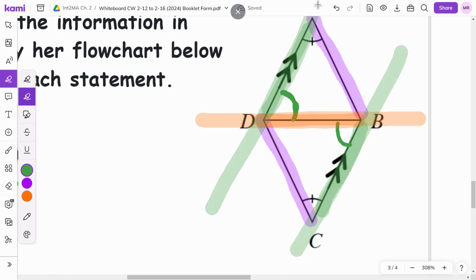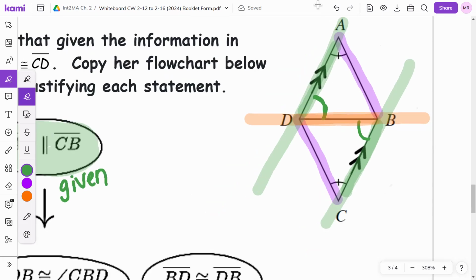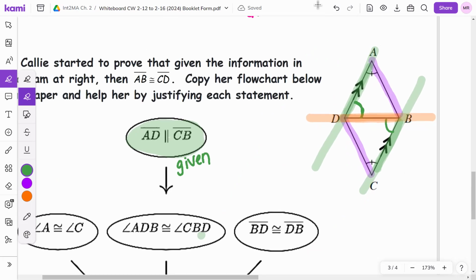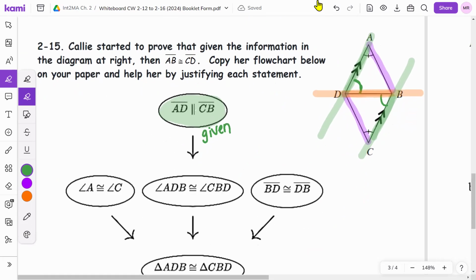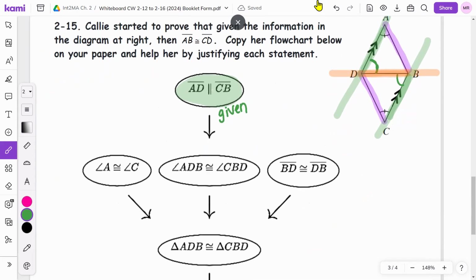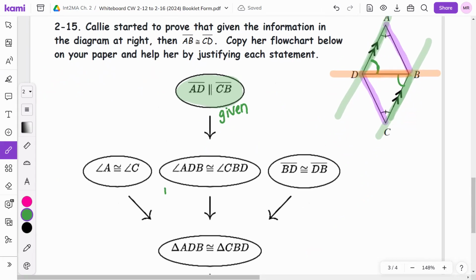And so you see that those two angles are labeled there. So the reason we can say this is because parallel lines lead to alternate interior angles congruent. That's going to be my reason.